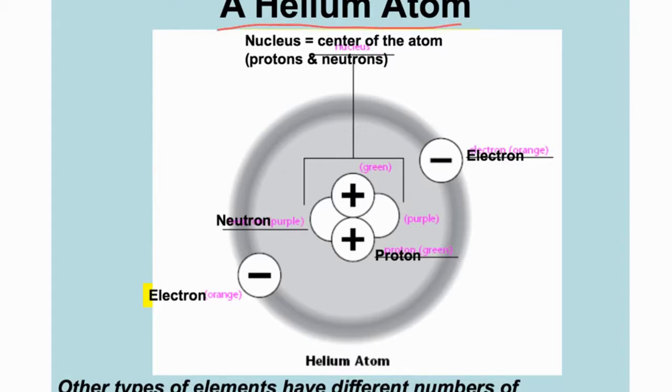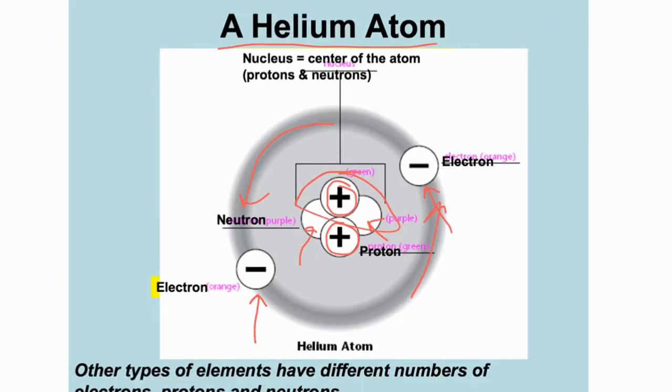So here in the nucleus, we have the protons and neutrons. Here are the neutrons, neutral charge. Helium, it's helium because it has 2 protons. Helium always has 2 protons in the nucleus. And to equal it out, it also has 2 electrons flying around the nucleus of the atom.